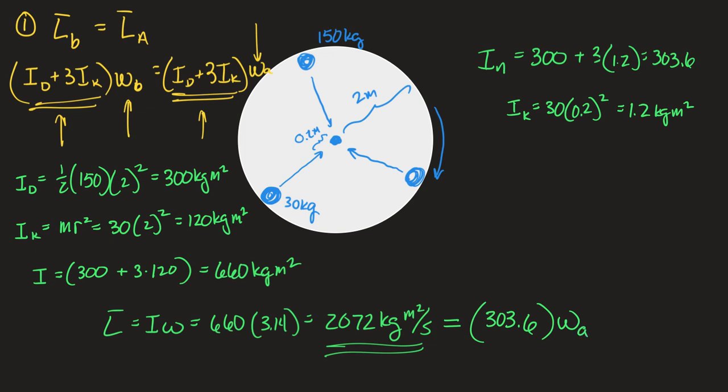Just take that 2072 and divide by 303.6, and I get a new angular speed of 6.8 radians per second. That's almost doubled, actually more than doubled. So that sucker's traveling a lot faster. This would be quite noticeable if you were one of the kids.